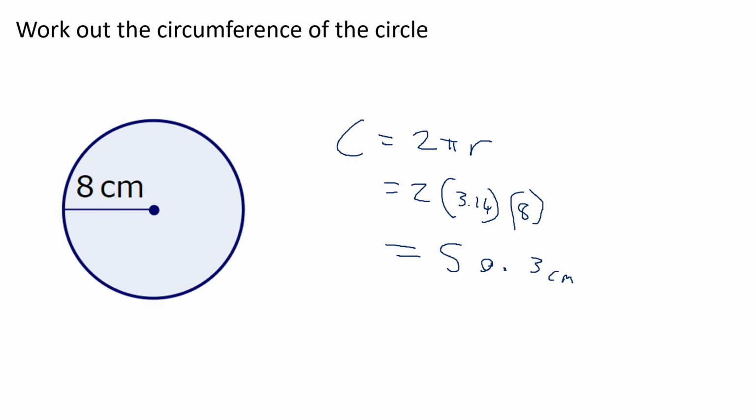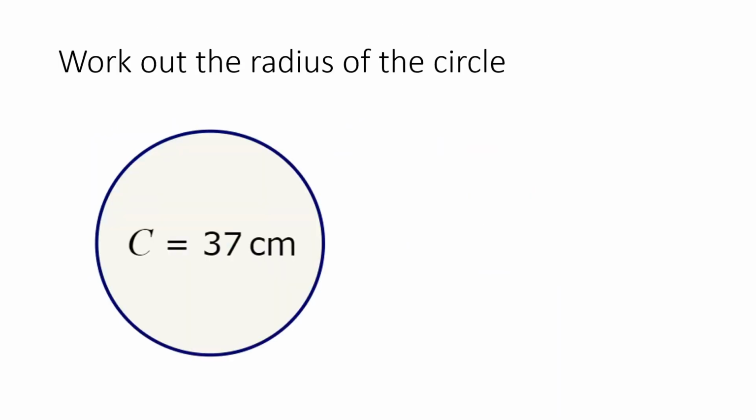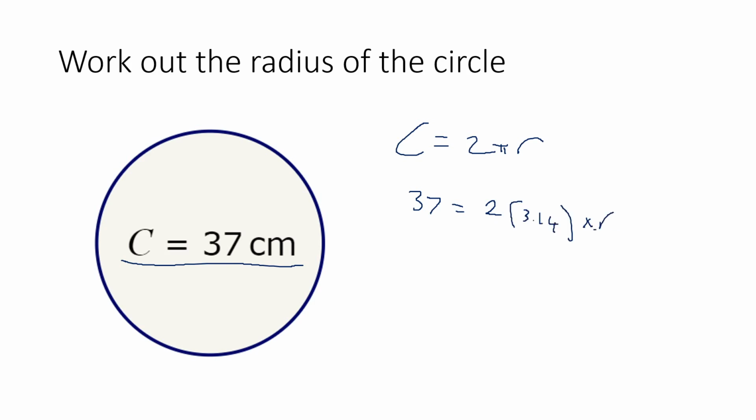What about if we're asked to do it in reverse? So for this example, we're told that the circumference is 37 centimeters. How are we going to work out the radius? Well, we're told that C is equal to 2 pi r. So then 37 is equal to 2 times 3.14 times r.